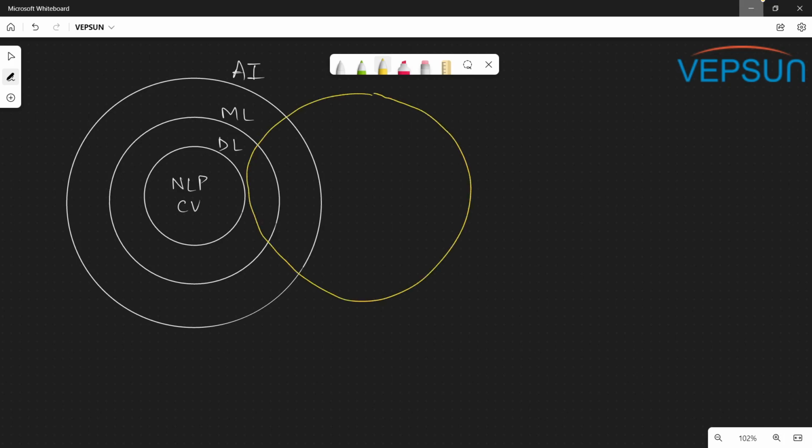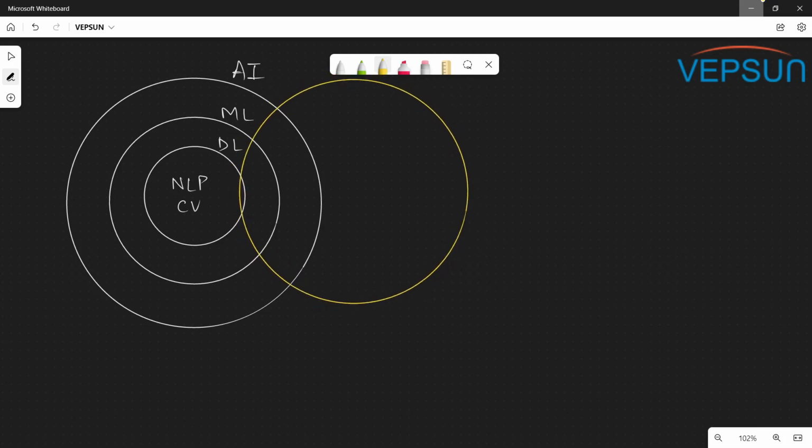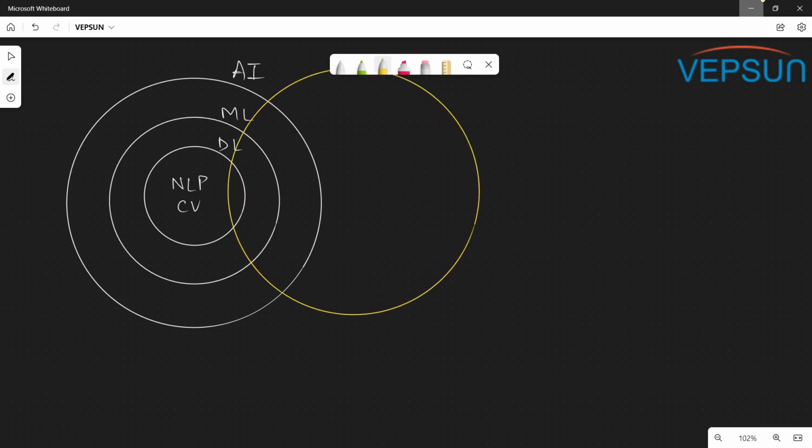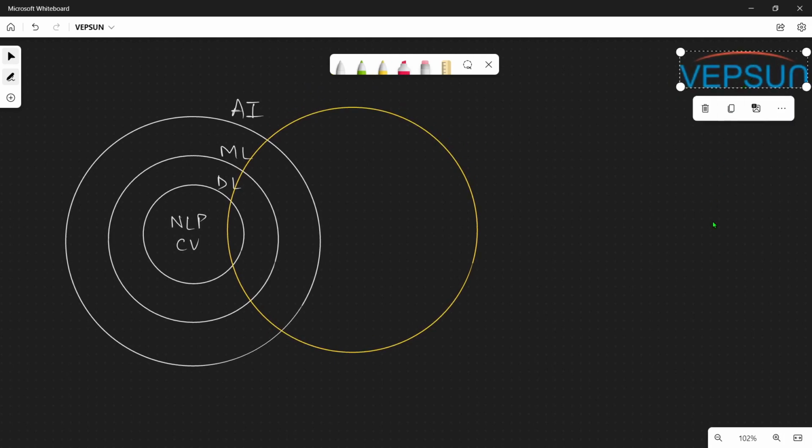So this is data science. This yellow circle that you see is data science, or it would be better if I say this is data science and data analytics. So this is both DS and DA, data analytics.